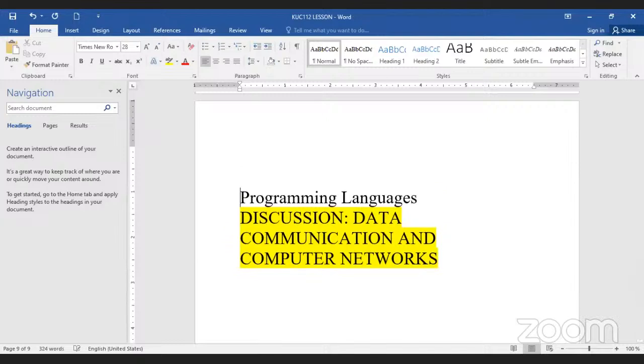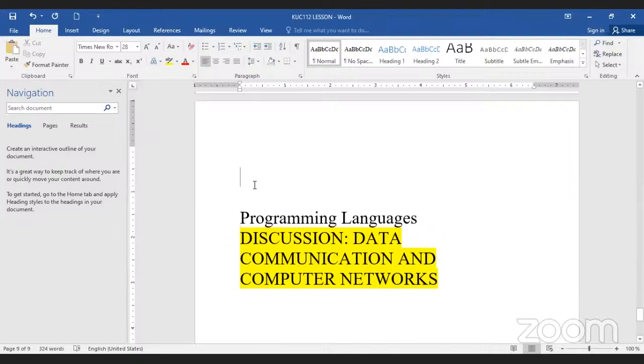So before we go deeper, I would like us to know what language does a computer understand?